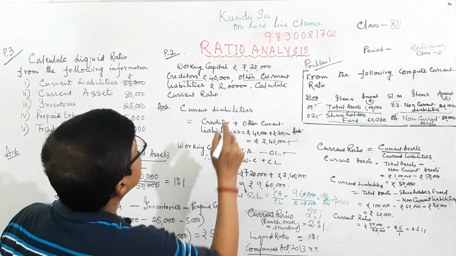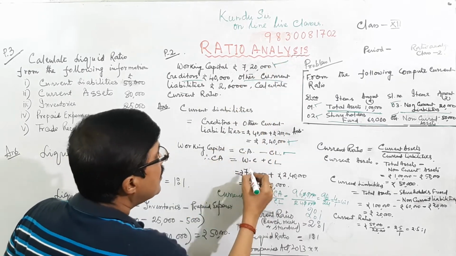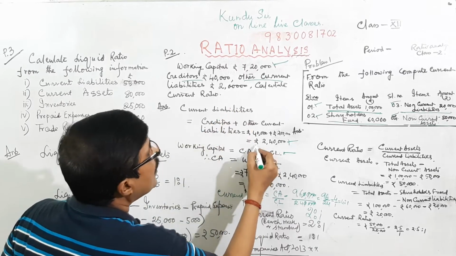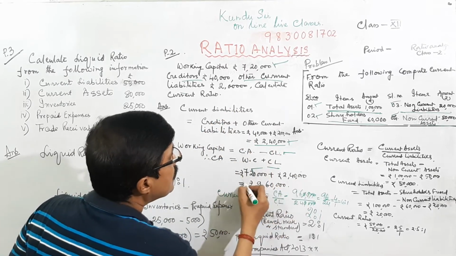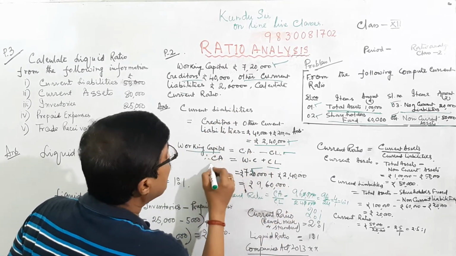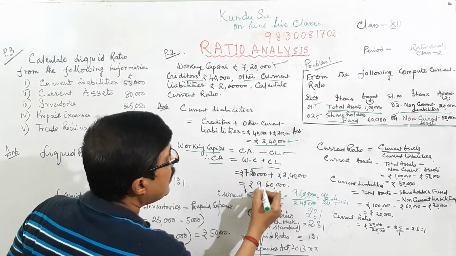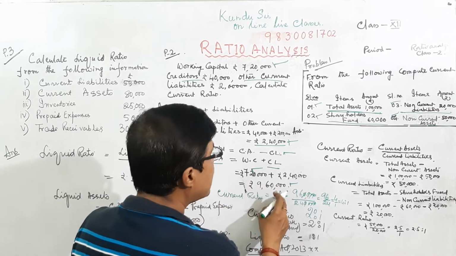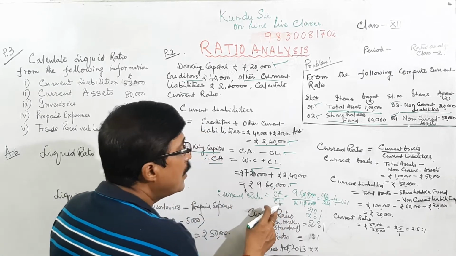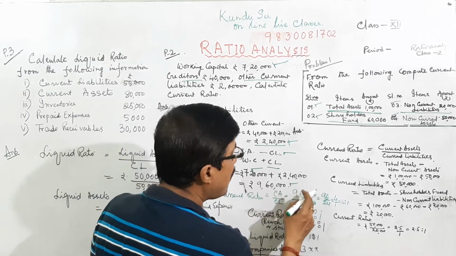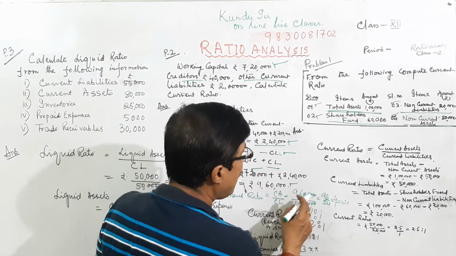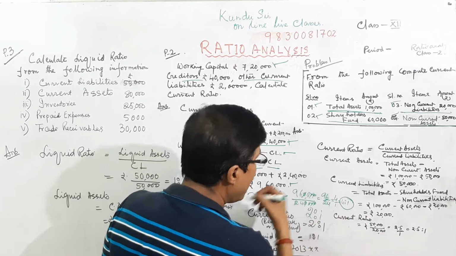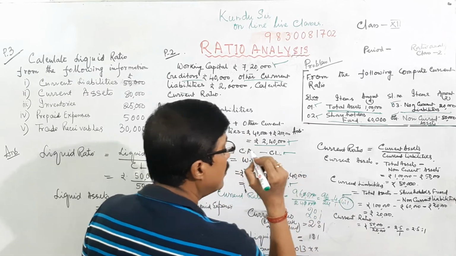Our WC is given here as 7 lakh 20,000, and the current liabilities we have already calculated, so current assets equal 9 lakh 60,000. So the current ratio equals current assets upon current liabilities, 9 lakh 60,000 by 2 lakh 40,000, equal to 4:1. Therefore, our result is 4:1.